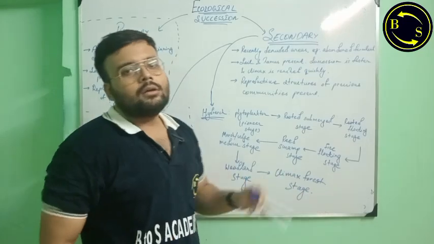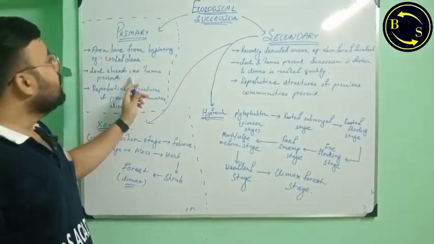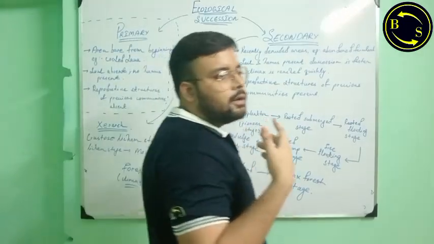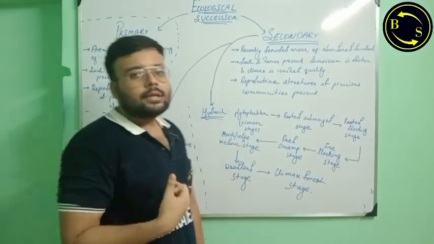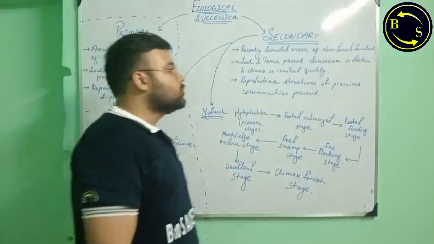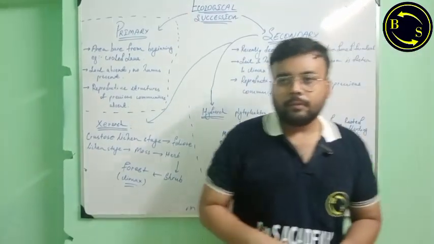Succession stages come one after another much faster than in the primary succession, and the climax community is established rather quickly as compared to the primary succession, and reproductive structures of previous communities are present. A plant body may be present.